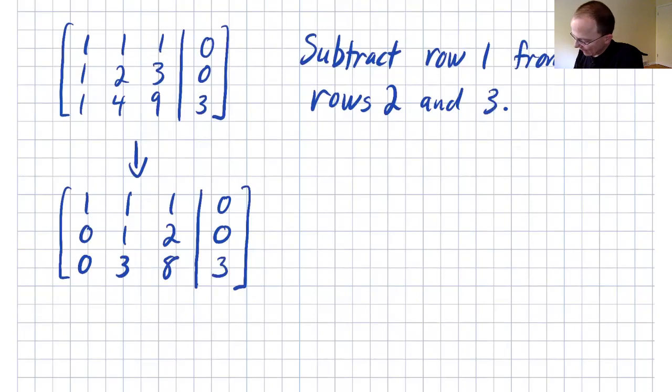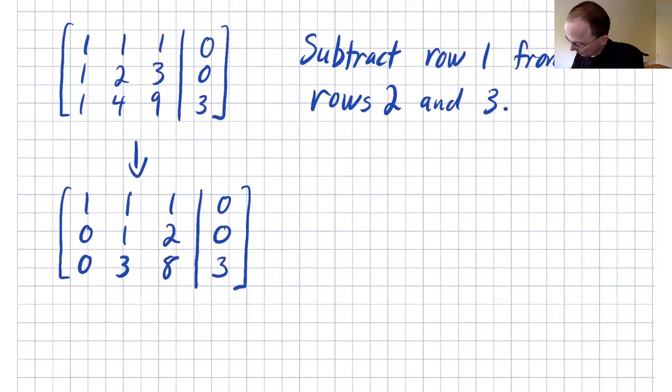Okay, and now the next step is after I've put zeros here, I got rid of the C1 from equations 2 and 3. So now there's no C1 there. And now I get this smaller linear system that just involves C2 and C3.